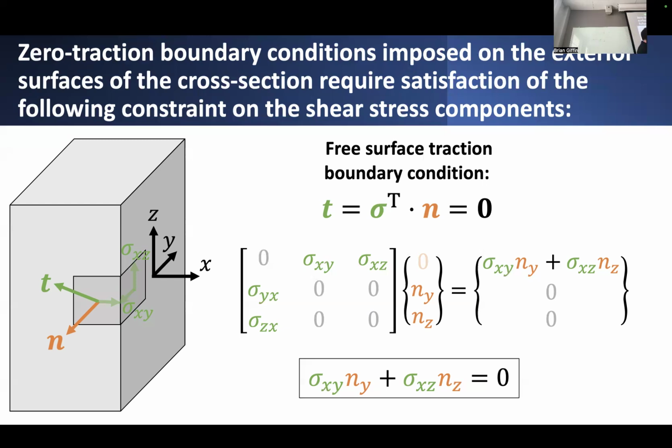In this interesting combination that depends on where you're looking on the boundary and how that normal is oriented, it imposes this constraint on those stress components, which is a little bit cumbersome to apply because obviously, if let's say the surface is a little bit curvy, it's not so clear how you actually apply this.